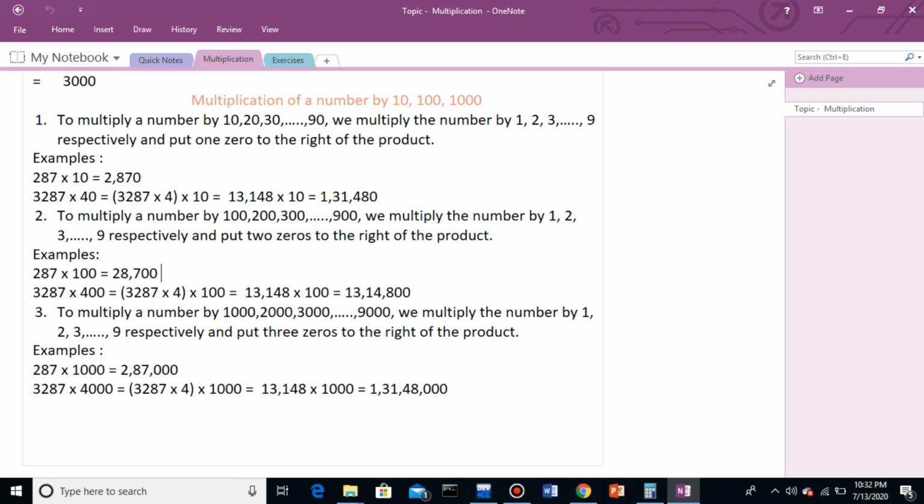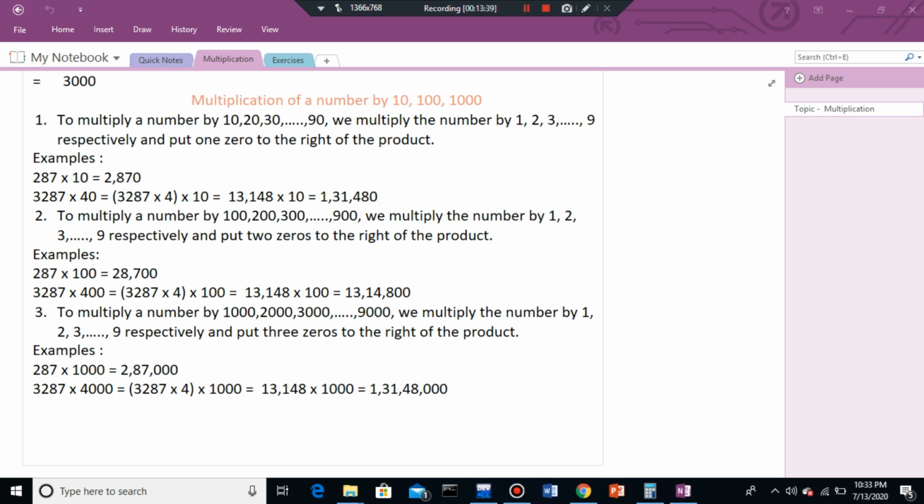Now to multiply a number by 1000, 2000, 3000 and so on, we multiply the number by 1, 2, 3 and so on respectively, and put 3 zeros to the right of the product. More examples are given below. 287 into 1000.